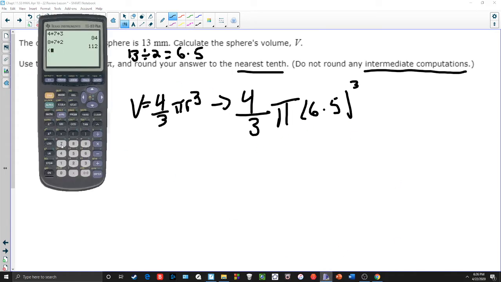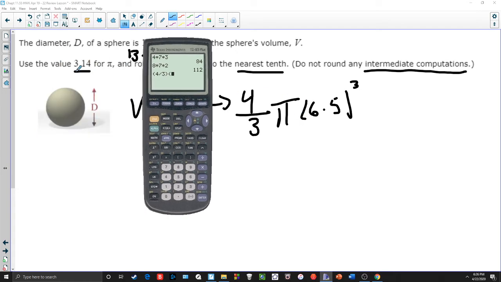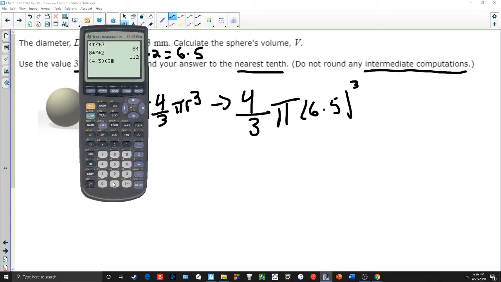So then I go ahead and do my calculate work here. So 4/3 times, now it wants us to use 3.14 for pi. That's what the directions say. Use the value 3.14. So 3.14 times 6.5 to the third. Again, to the third is this little caret key, and then 3 there.